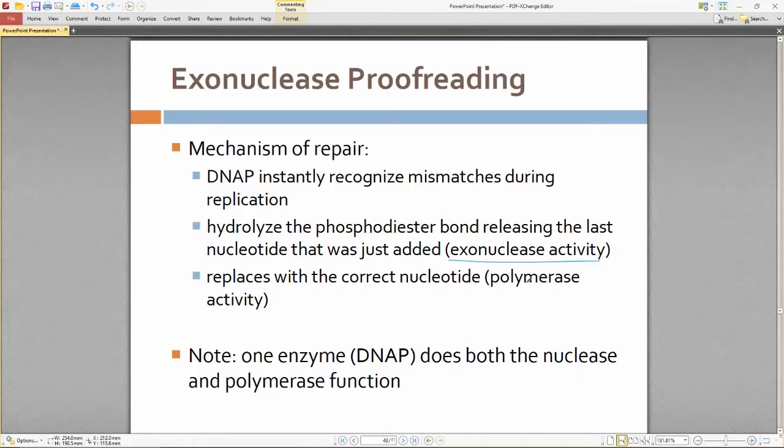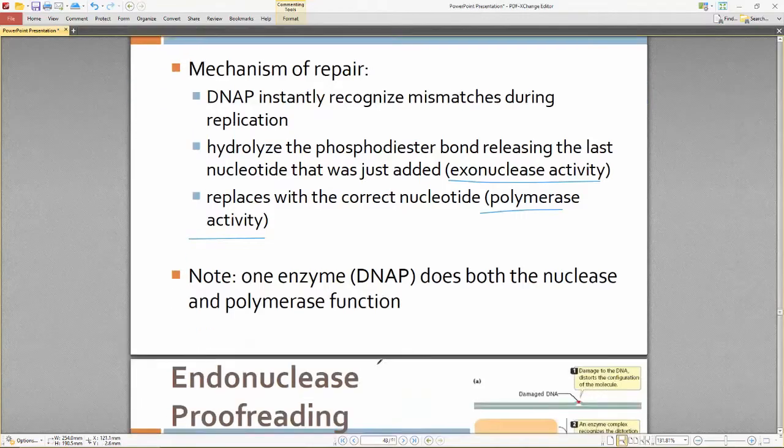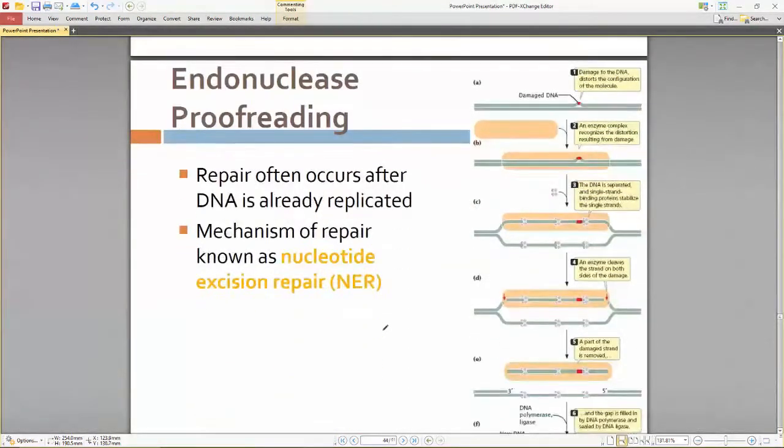So when it does recognize a mismatch, it will hydrolyze the phosphodiester bond, releasing the last nucleotide that was just added. This is the exonuclease activity, and then it can replace it with the correct nucleotide, and that's its polymerase activity. So note that the one enzyme, DNAP, does both the nuclease and polymerase function.